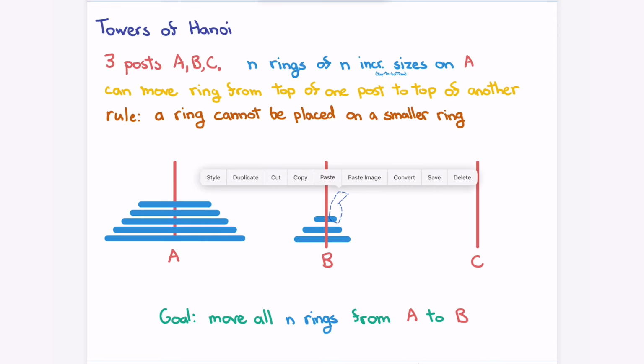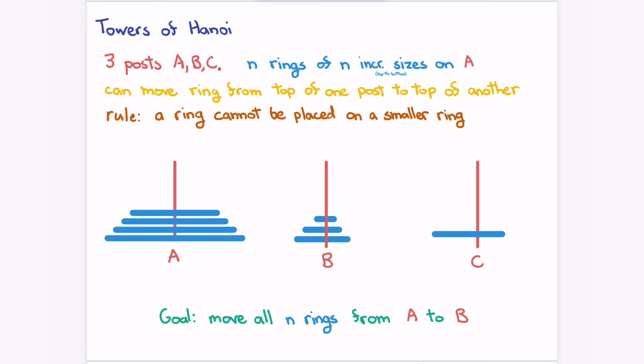Okay, I can move the biggest one to C. Now what? B to A, B to C. Then A to C. Okay.